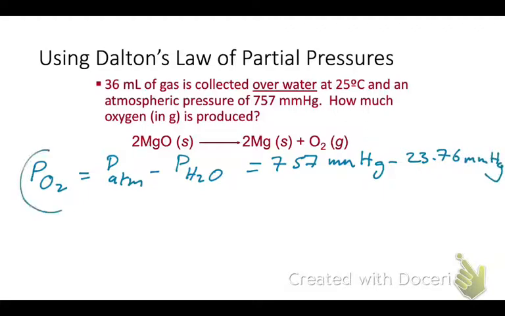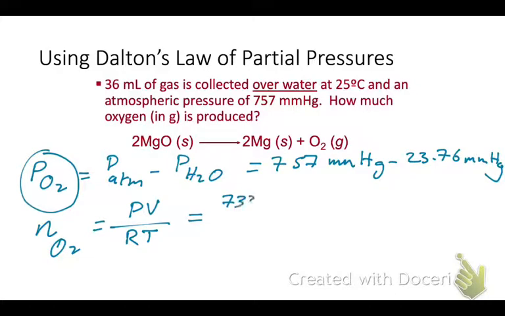Now that I have the pressure of oxygen, then I calculate the moles of oxygen, and that is PV over RT. Now, P in this case, let's do this quickly, that will be 757 minus 23.76, and to keep my sig figs correct, that will be 733 millimeter mercury.